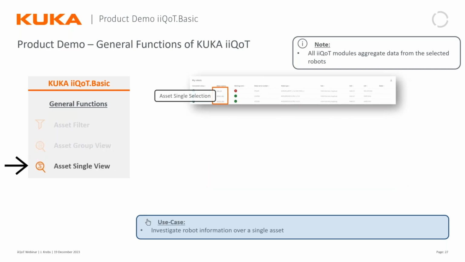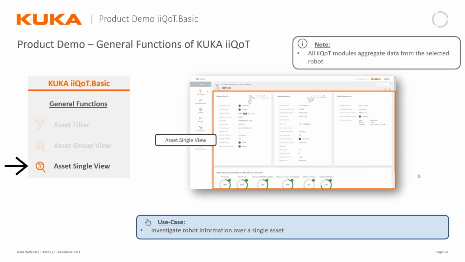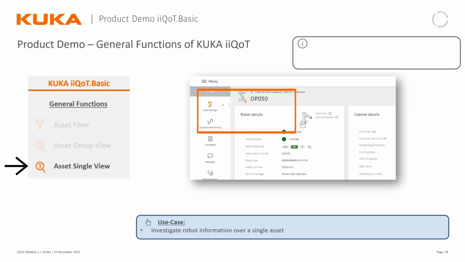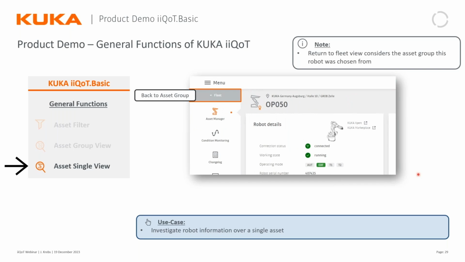If I want to see single assets, then I have to go to these robot lists, which I can find in my group view. And if I click on one specific robot, then I see single asset information. And how can I see that? Up here to the left, where the amount of robots was standing a second ago, you find that fleet button.